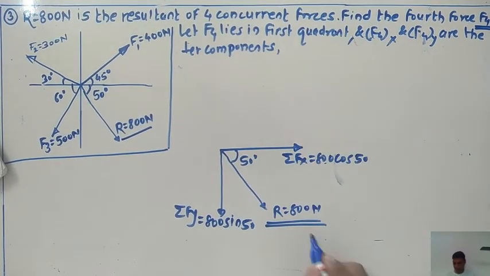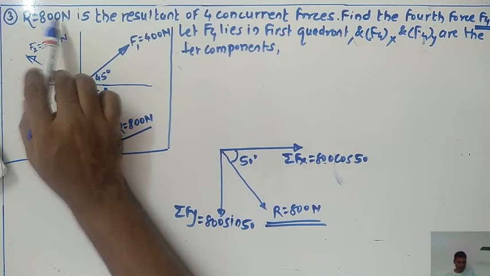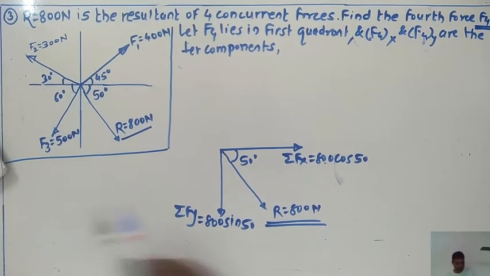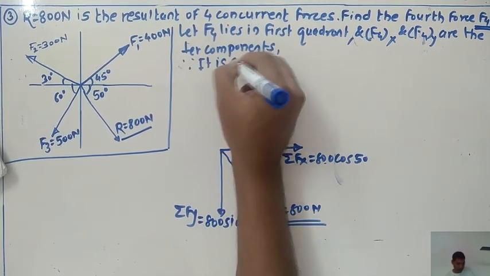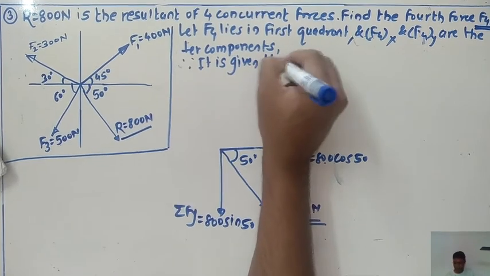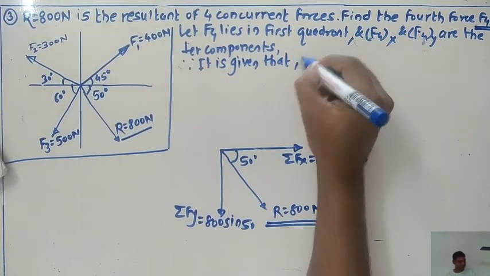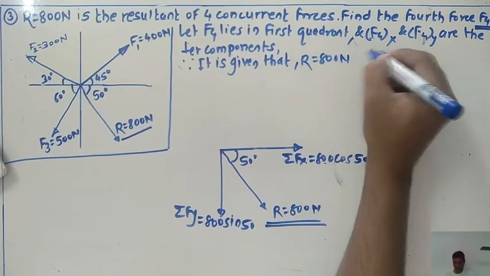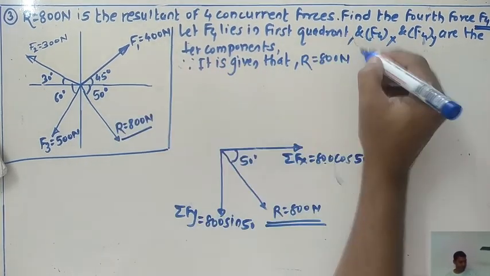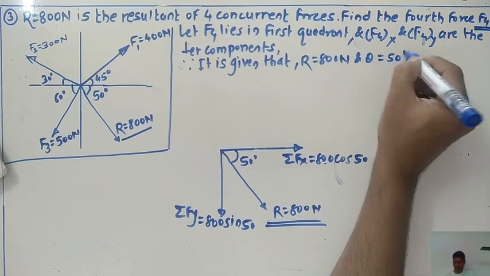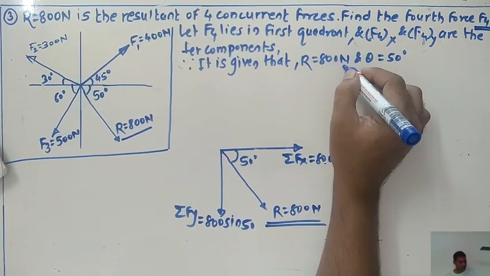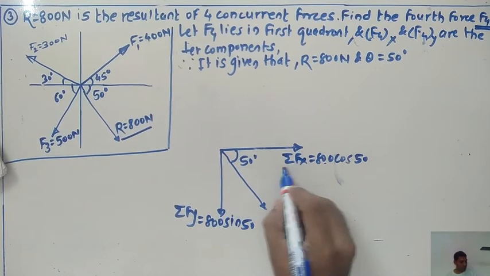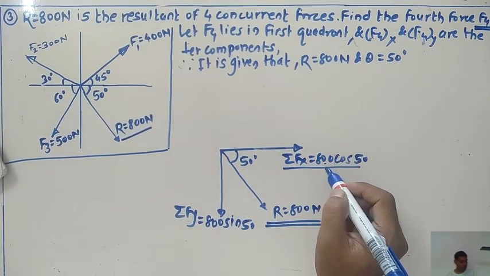So apart from this one, we look towards the 800 Newton answer given for this resultant force. Since it is given that the value of R is 800 Newton, that makes an angle, and theta is given as 50 degree. So what does it indicate? The value of R equals 800 Newton. The horizontal component of this is nothing but 800 cos of 50.